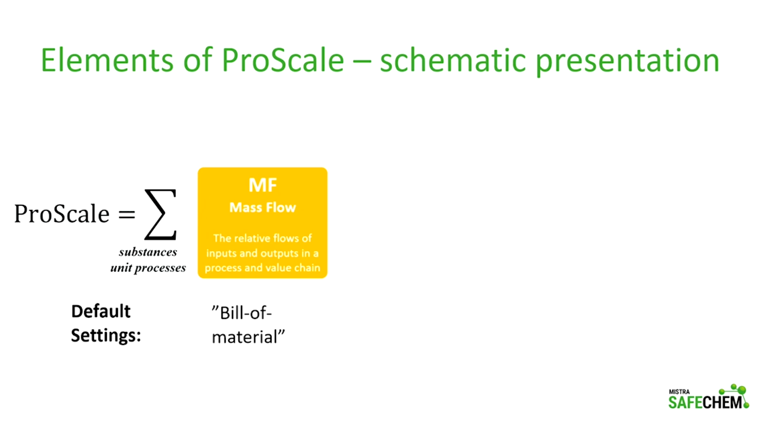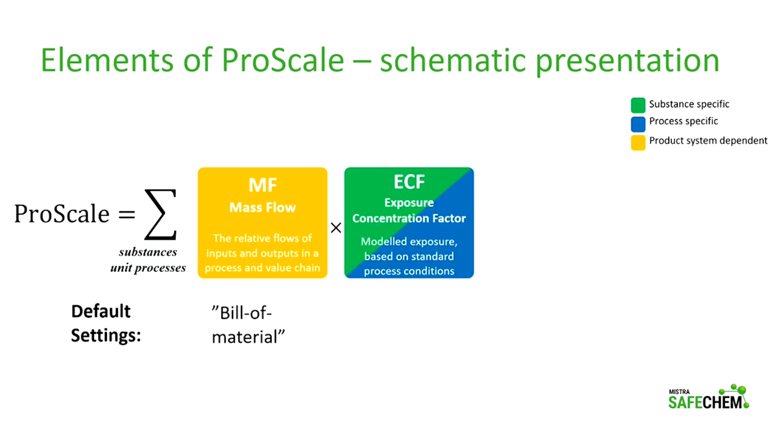And then we have some default settings in the method, and these can be essentially replaced if you have more detailed or more specific information. But for the mass flow, it's typically the bill of material, what we call it here. We have an exposure concentration factor, and of course it's not surprising that we need to include the exposure. So what we did here is that we looked at various existing tools for that purpose, and we found this USEtox.